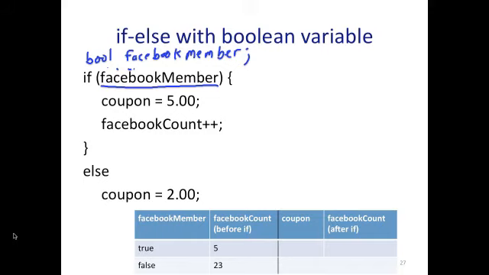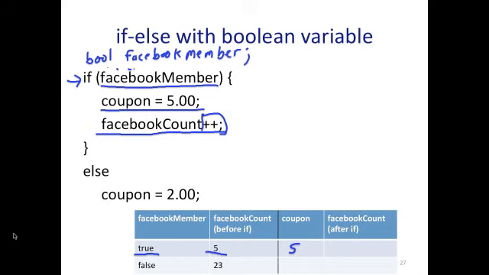Okay, so for example here, if Facebook member is true and Facebook count is 5, then when we evaluate this if statement, since Facebook member is true, we come into this part, execute coupon equals 5, so coupon gets set to 5. Facebook count gets incremented. Remember, the plus plus is an idiom for incrementing a value or a variable by 1.